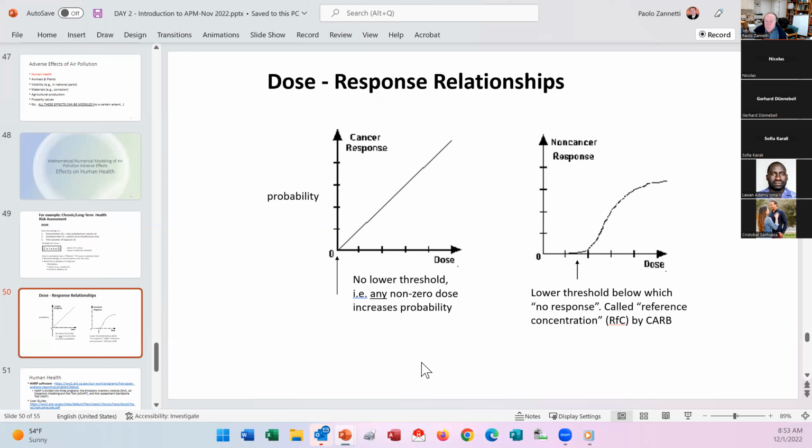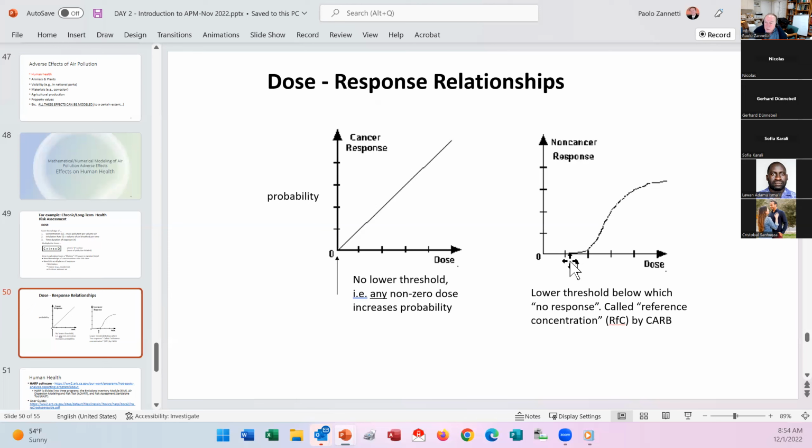But again, if you only use those response relationships that are linear, start from 0, you may overestimate the cancer response, according to many. So many people prefer a situation where you have a curve like this one, in which from 0 to here, there is no response.